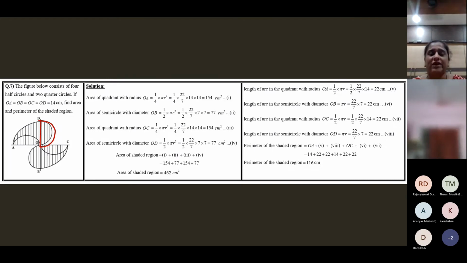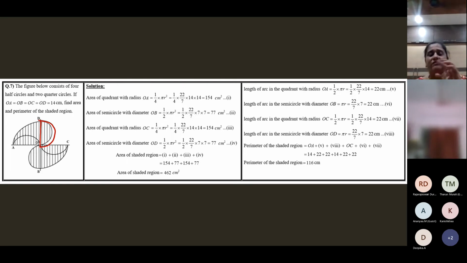So when you're finding something for the semicircle, radius is 7. When you're calculating something for the quadrant, the radius is 14. So first thing is you should be careful by substituting the values of radius. Quadrant, the radius is 14. Semicircle, the radius is 7. That's the first step. You should be careful while substituting the values for r. Step 2.